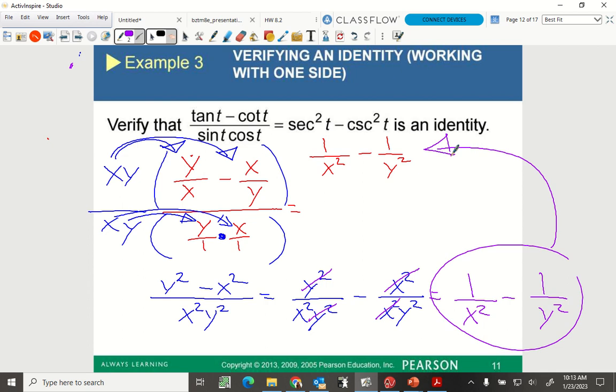Translate everything into x's and y's, and then use algebra to solve it anyway. Instead of actually trying to use trig identities, which there is like 17 or something like that, to eventually show that you have the same thing, you could just use algebra to show everything instead.